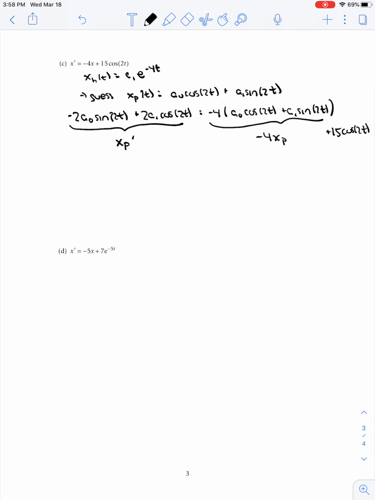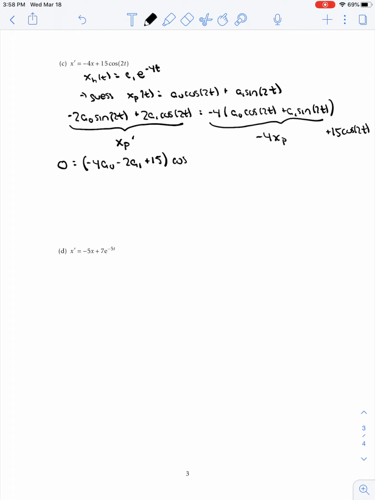Okay, the next step is to group all the cosine and sine stuff together. I'll bring everything over to the right-hand side and do that. So then I get 0. If I group all the cosine terms together, I get minus 4a naught, minus 2a1, plus 15.